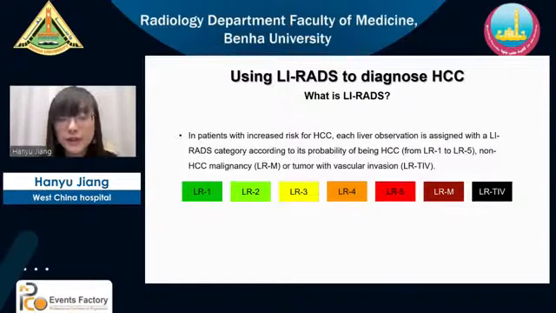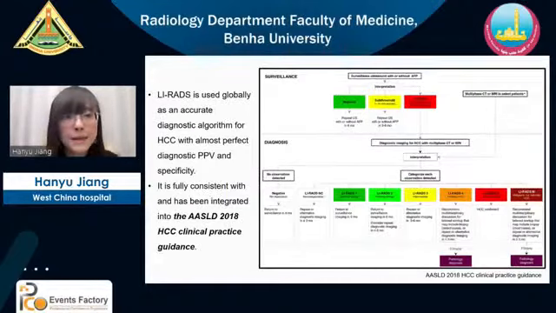So in patients with increased risk for HCC, each liver observation is assigned a LIRADS category according to its probability of being HCC, from LR-1 to LR-5, non-HCC malignancies, LR-M, or tumor with vascular invasion, LR-TIV. LIRADS is used globally as an accurate diagnostic algorithm for HCC with almost perfect positive predictive value, that is almost 100%, and specificity.